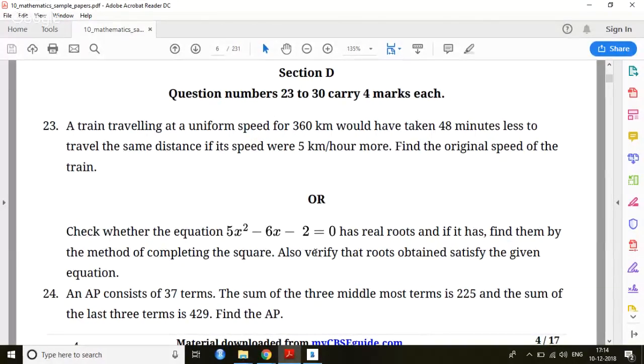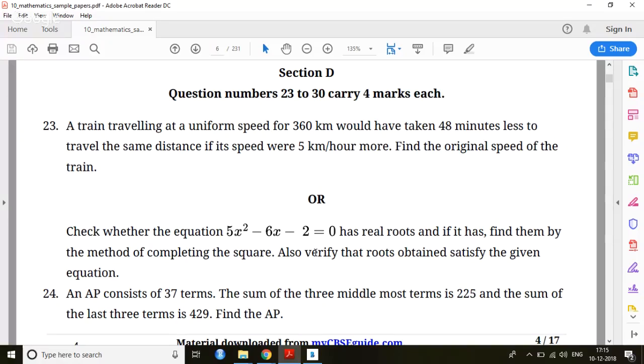Those who have solved it, I'll tell you how to prove it. The similarity ratio is side by side. Area is side square by side square. Now each side, if the numerator is a and the denominator is b, so a1 by b1 is the similarity ratio.